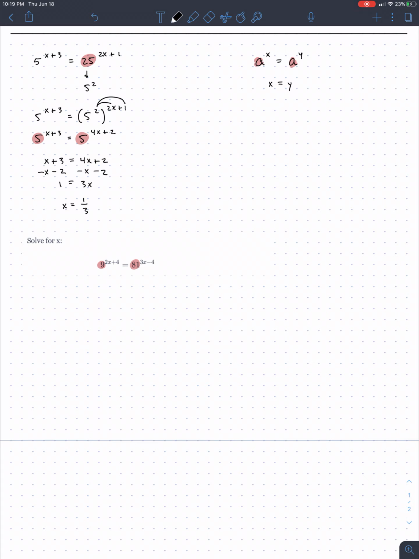Well, if I know my perfect squares, I know that 81 is equal to 9 squared. So I'm going to rewrite this as 9 to the 2x plus 4 is equal to 9 squared to the 3x minus 4. And I have 2 here, so I got to distribute that 2.